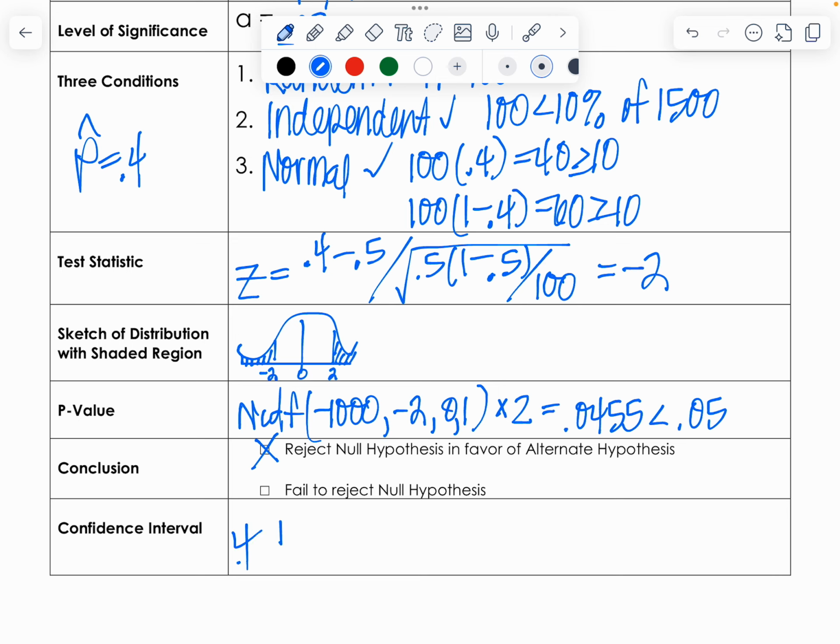So we have 0.4 plus or minus. Now, we don't even have to do inverse norm here because remember, if we do a 95% confidence interval, we already know that our critical value is 1.96.